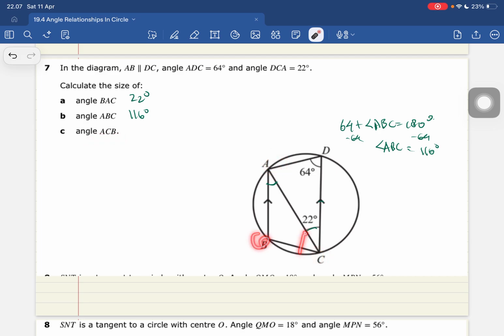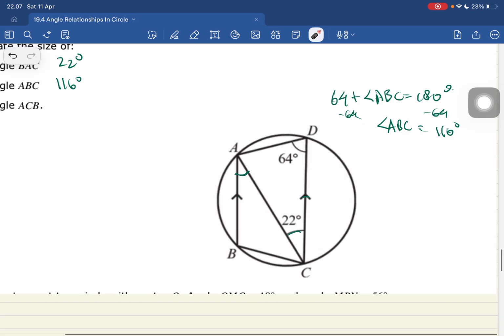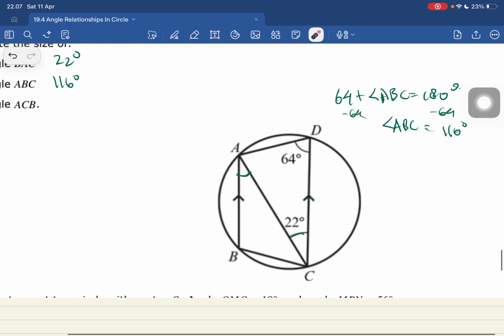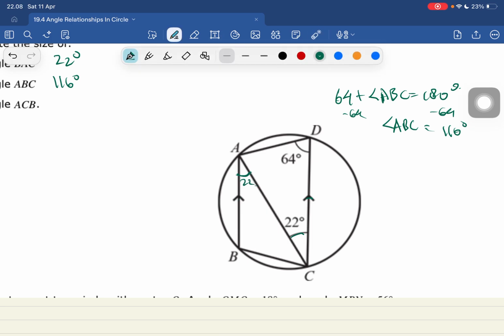Here is angle ACB. Here is 22, here is 116.